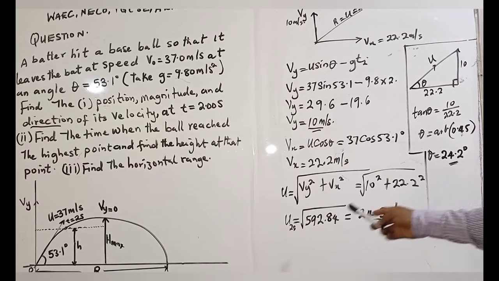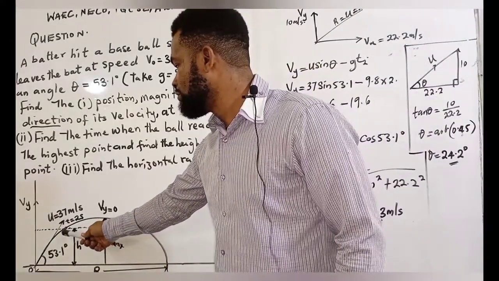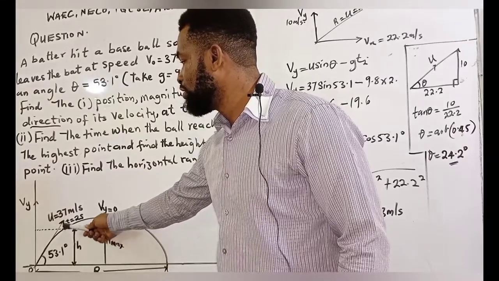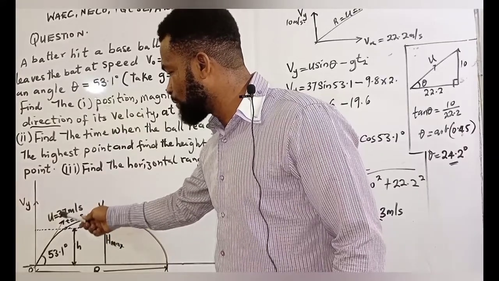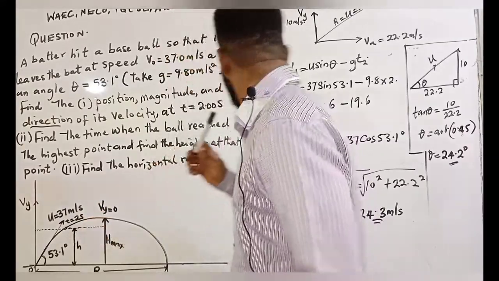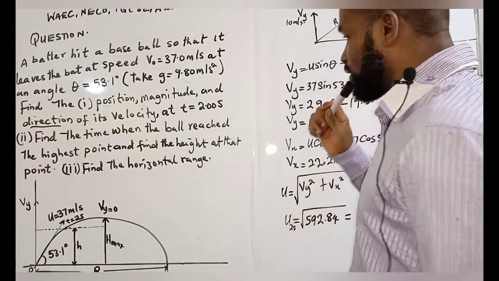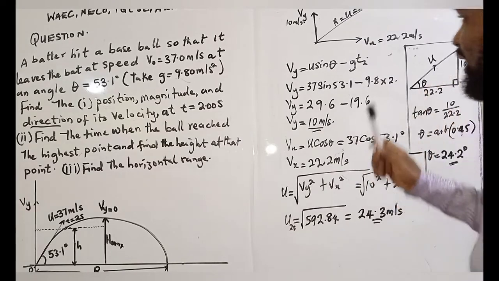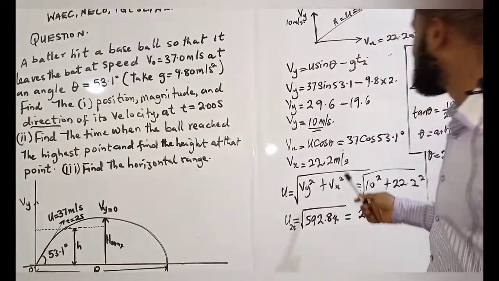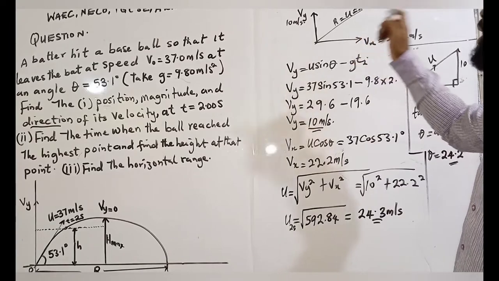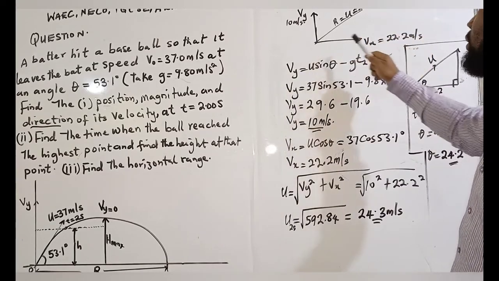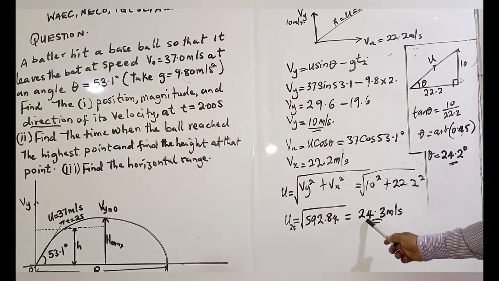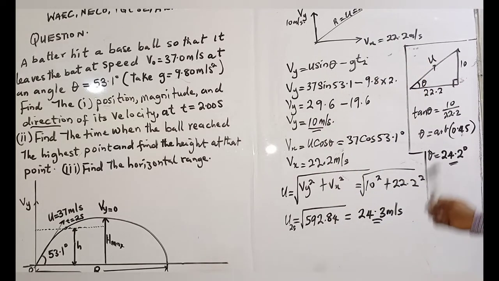So Vy is the vertical component of the velocity after 2 seconds, and the horizontal component of the velocity after 2 seconds is 22.2 meters per second. The instantaneous speed, that is the speed after 2 seconds, or the resultant speed, is 24.3 meters per second.